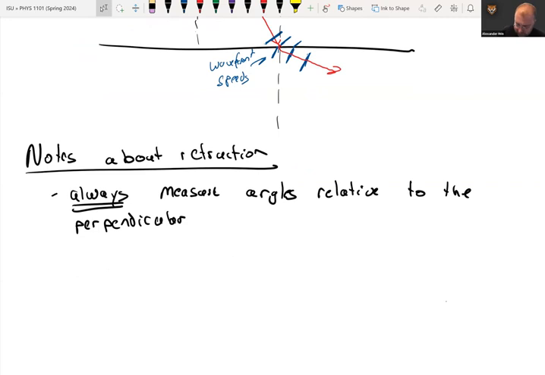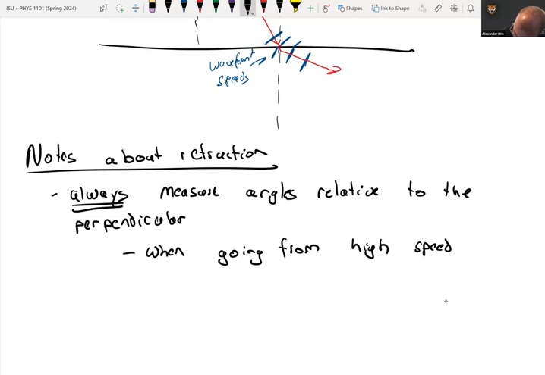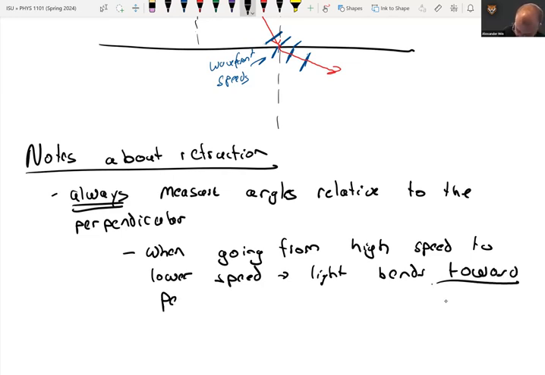Now, the point is that when going from high speed to lower speed, light bends toward the perpendicular.